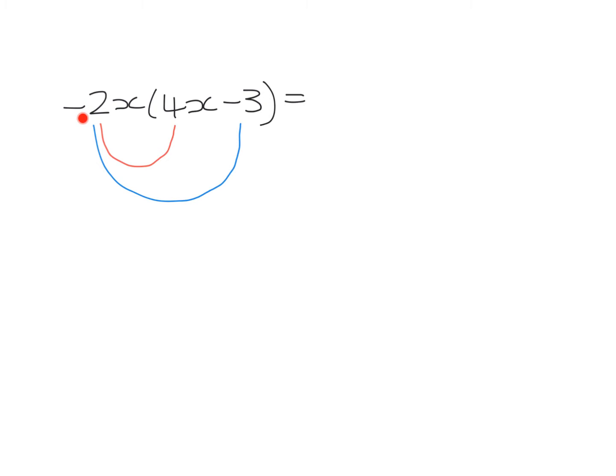A negative multiplied by a positive is always going to give me a negative, and 2 multiplied by 4 is going to give me 8, and x multiplied by x is going to give me an x squared. Then a negative multiplied by a negative is always going to give me a positive. 2 times 3 will give me 6, and I've got an x as well, so that would be my answer.